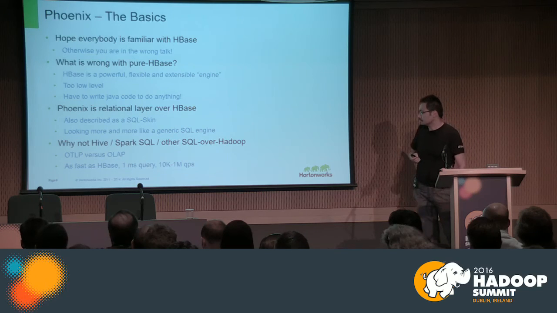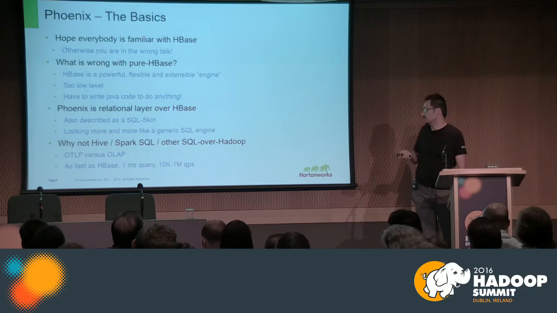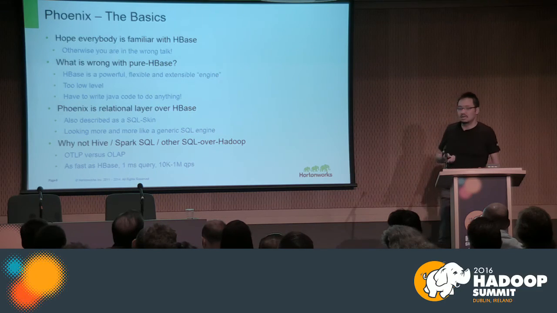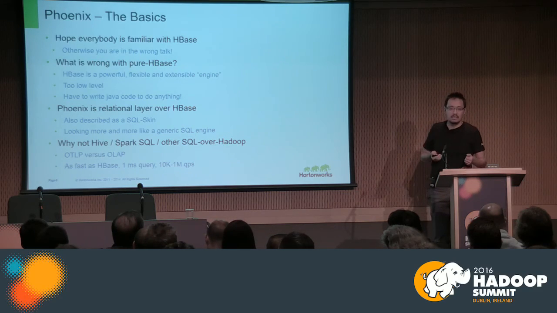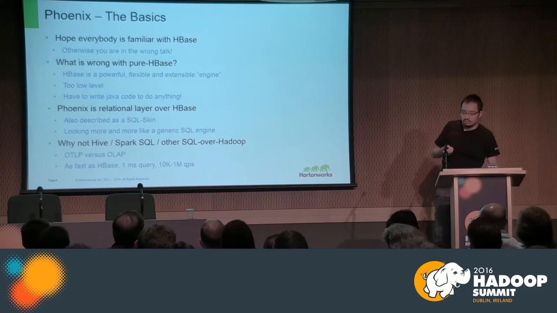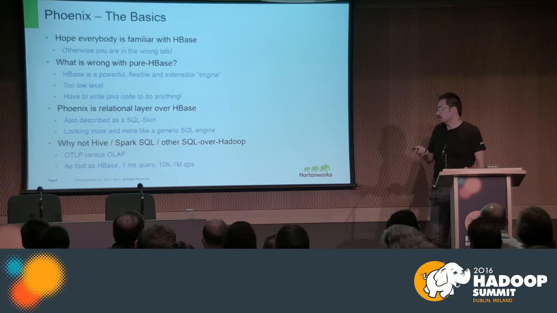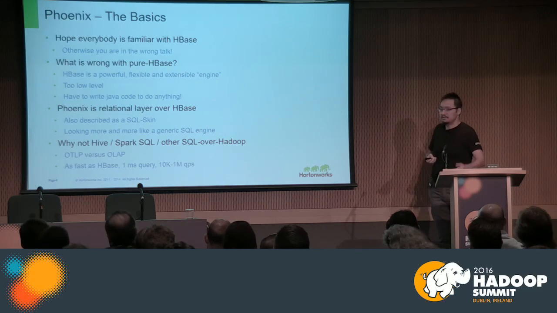And people usually ask me why it's not Hive or Spark SQL or other SQL over Hadoop solutions and not Phoenix. And I usually tell them, Phoenix is more like OLTP. It's not an OLAP kind of solution. And if you're doing OLAP analytics, you can use Hive, Spark SQL, or the other MPP databases.